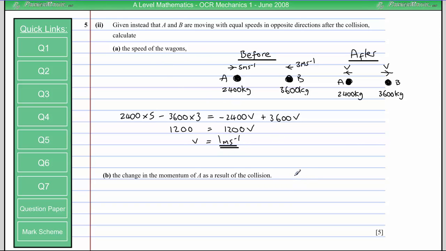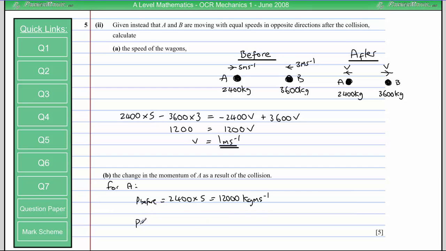In part B, we need to calculate the change in momentum of A as a result of the collision. Well, let's just think about particle A on its own. The momentum of A before the collision is 2,400 multiplied by 5, which gives us 12,000 kilogram meters per second.